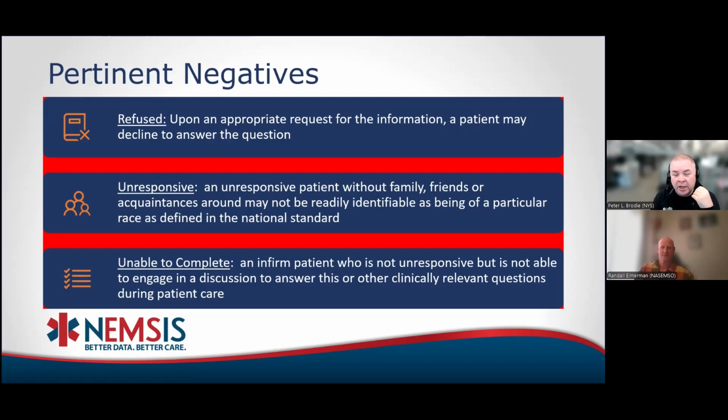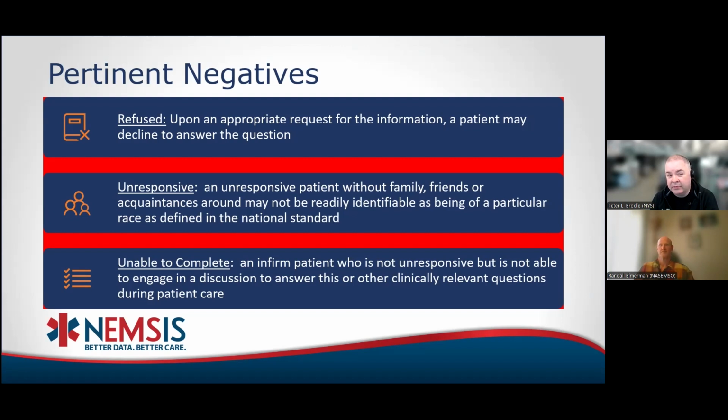Sometimes there are individuals who are not able to answer questions at all, whether they're at supportive housing or group homes, and they don't have the information. Unable to complete is, you may have a patient who's responsive in some regard, but not necessarily able to answer that question. So we came up with those three so that if you don't have a valid answer for it, this gives you the opportunity to document much more consistently and accurately.